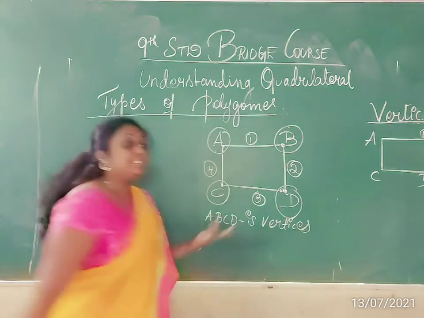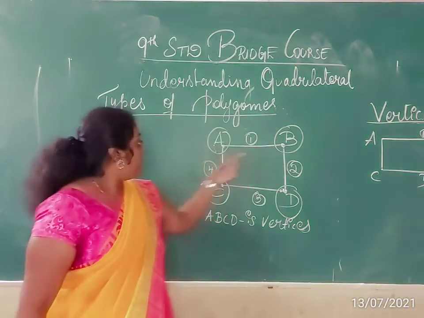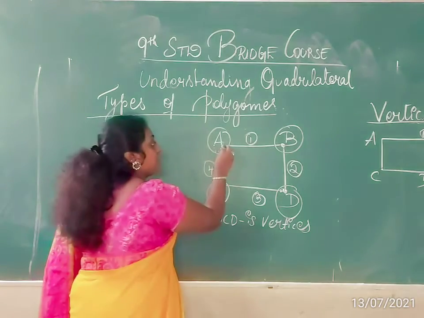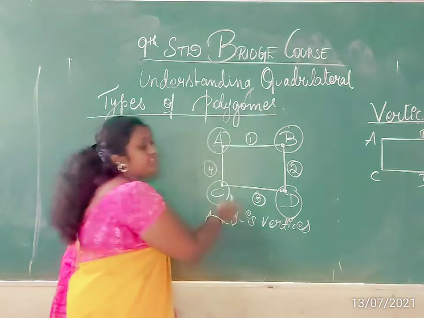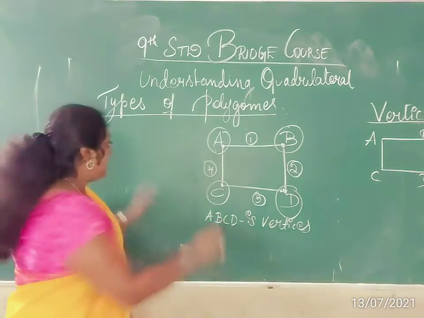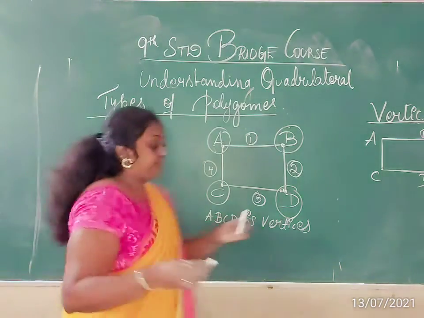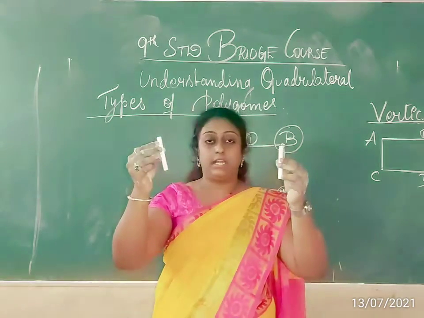Now, vertices means what? AB is one line segment, and AC is one more line segment. Now this A is joining the line AB and AC. Suppose this is one line segment and this is another line segment.